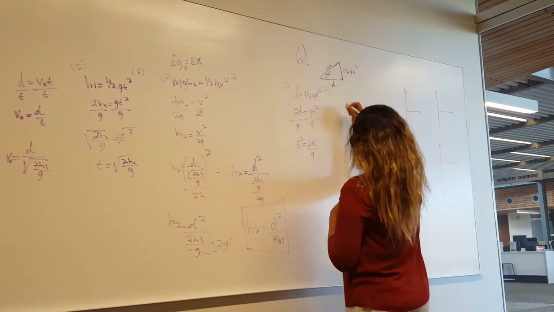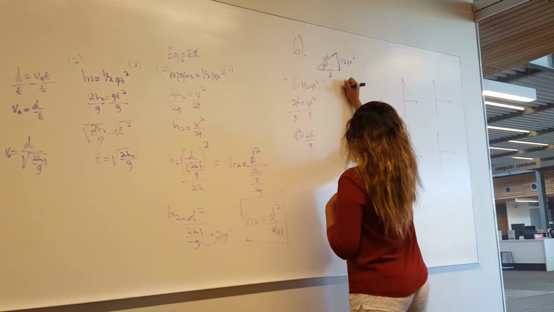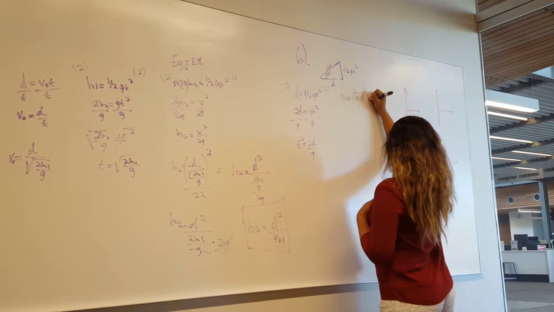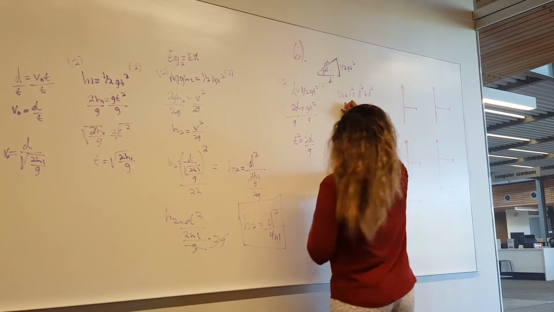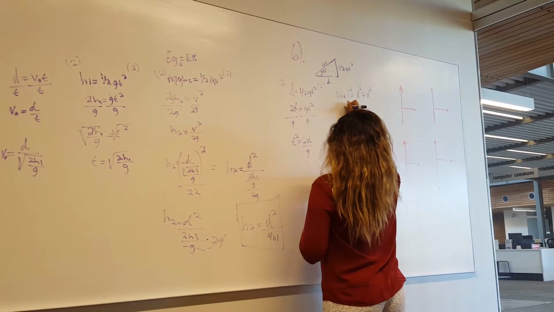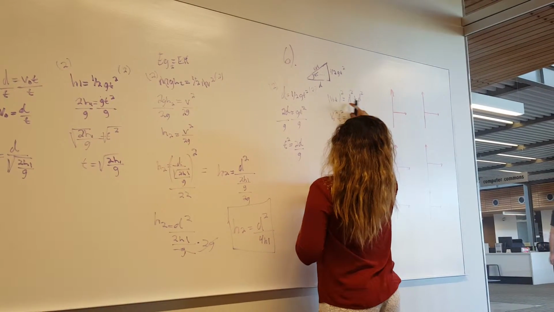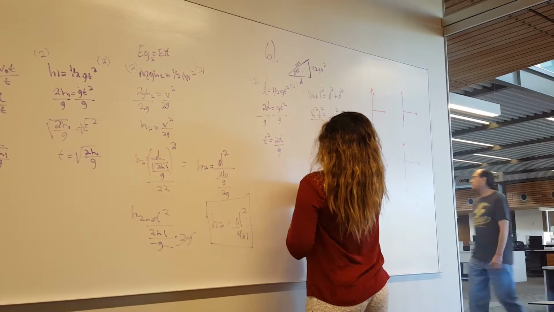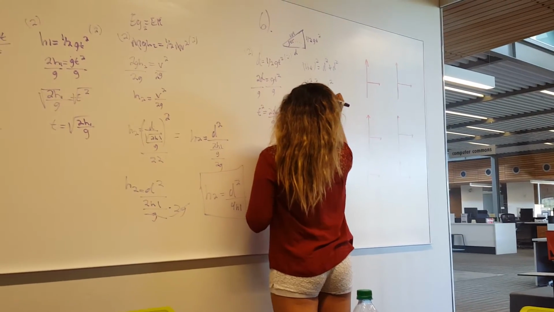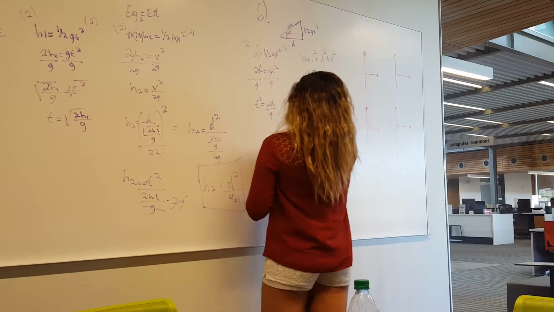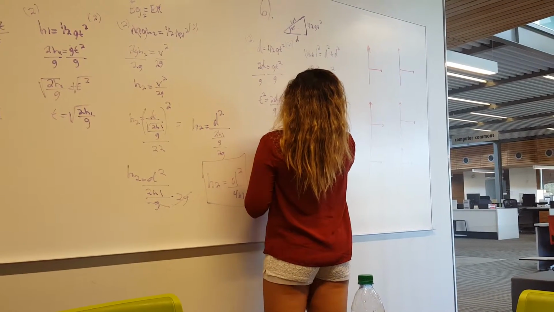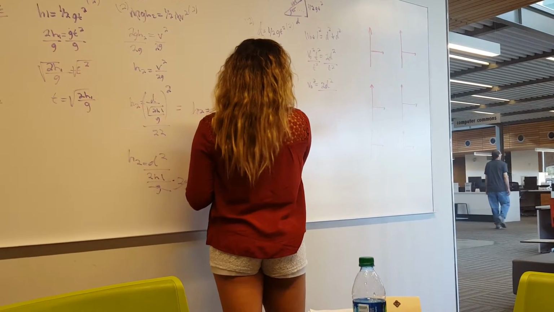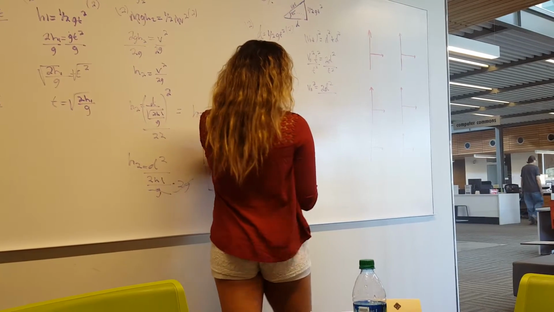Okay. And then I'm going to put this d squared plus d squared, so you get v naught squared t squared equals 2d squared, and you divide t squared by both sides, so then you get v naught squared equals 2d squared over t squared. You know what your t squared is, which is 2d over g, so you plug that in.